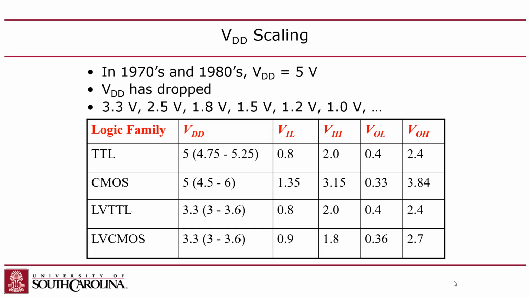But that means that anything below 900 millivolts is a 0 on the input of a gate. And likewise, VIH, anything above 1.8 is considered a 1. So the forbidden zone would be between 0.9 and 1.8. And then VOL is 0.36 and VOH is 2.7. So the VOL and VOH range is obviously wider, basically because the gate is cleaning up the noise for you a little bit.